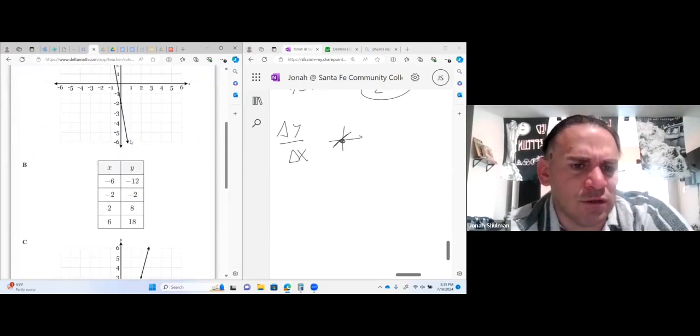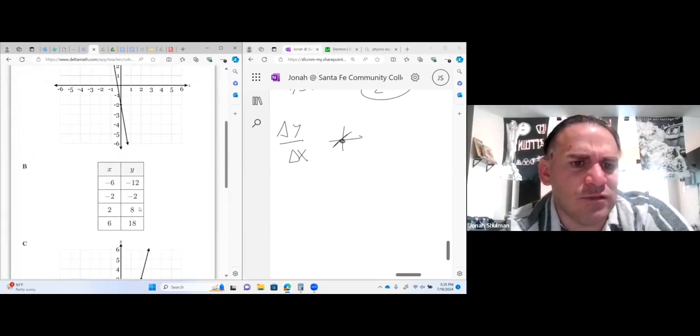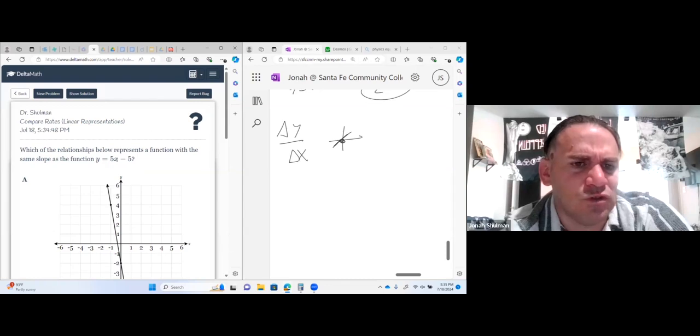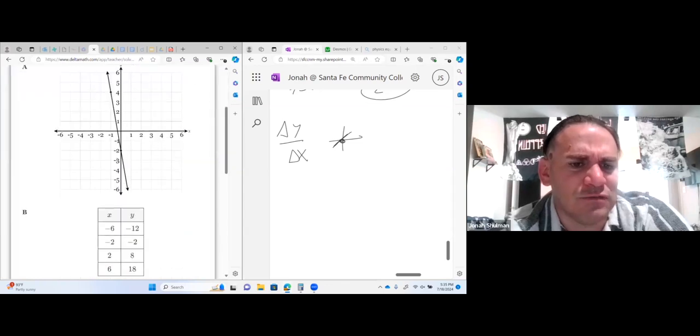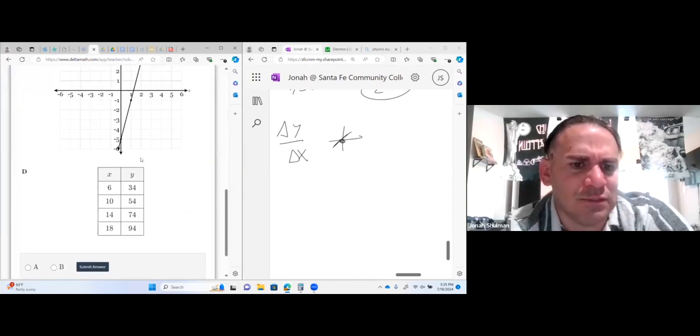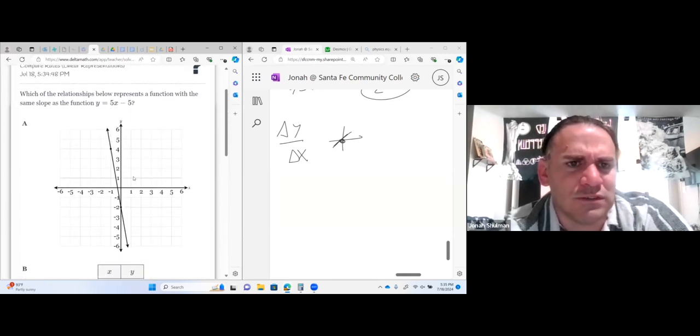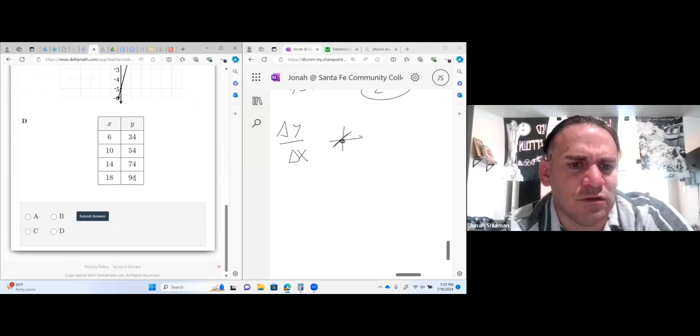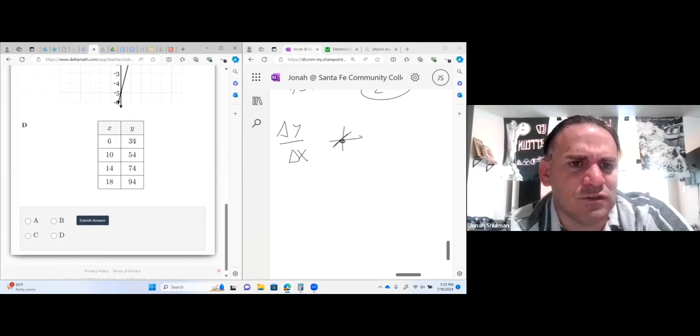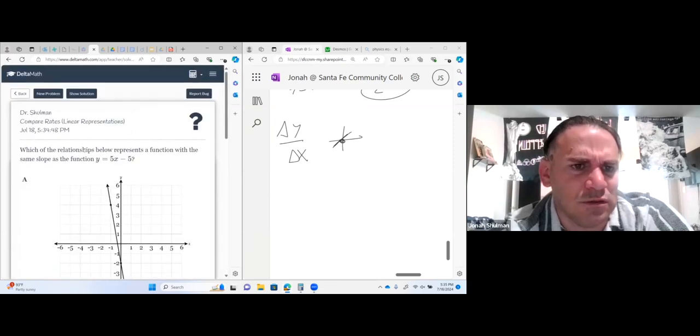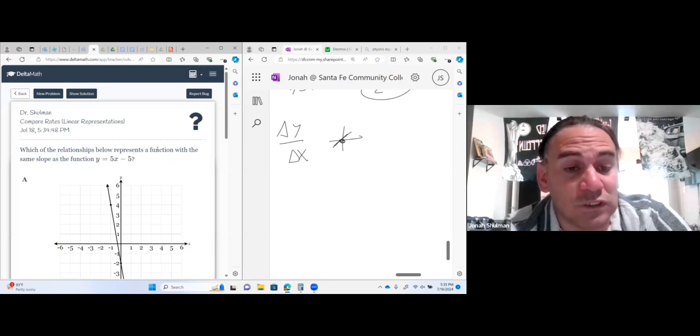Let's just plug one in. This is 2, 8. 5 times 2 is 10. 10 minus 5 is not 8. It's got to be D. I guess we can use 6. 6 times 5 is 30. 30 minus 5 is 34. What? Oh, it's just the same slope.